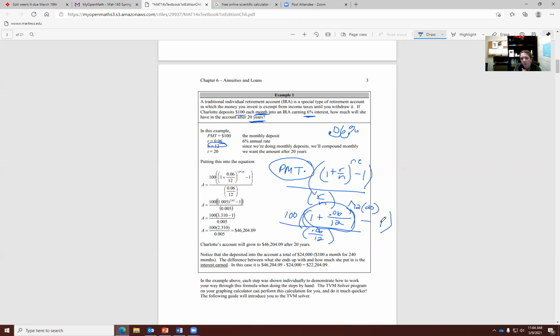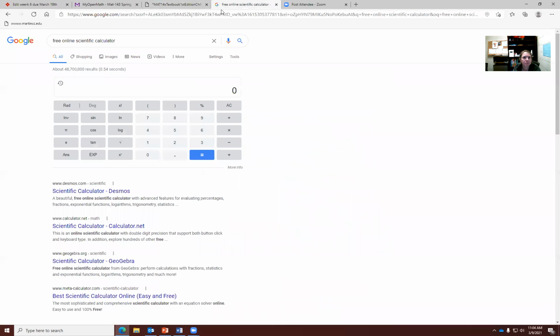Then we would subtract the 1, okay? And then divide it by this. And then you would multiply it by 100, okay? Or you could also multiply this by 100 and then divide it. Either way.